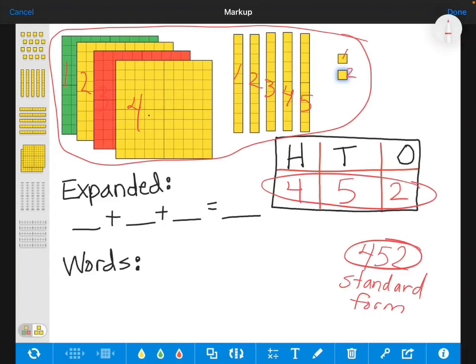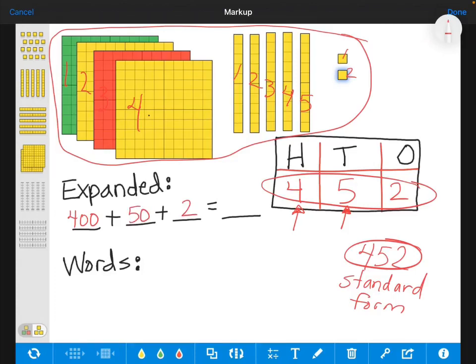Let's put it in expanded form now. The digit 4 here, representing the hundreds, is a value of 400. The digit 5 in the tens place, if I have 5 tens, I know I have a value of 50, because when I count 5 tens, that's 10, 20, 30, 40, 50. And then the 2 ones, the value is just a 2.